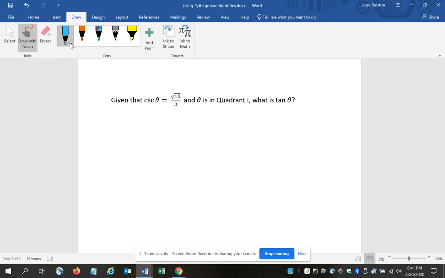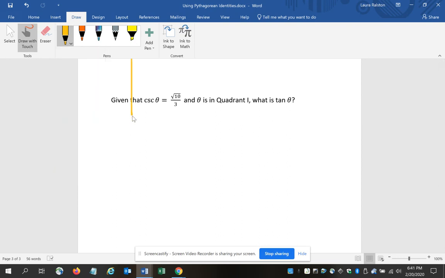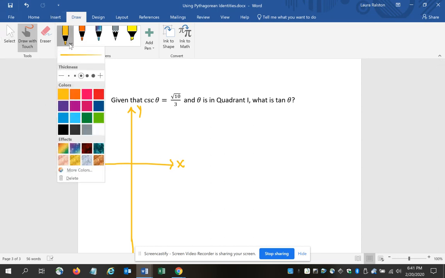All right, let's try one more. This one says, given that cosecant theta is square root 10 divided by 3, and theta is in quadrant 1, what is tangent theta? Okay, so again, I like to start out drawing my coordinate grid and getting a sense of where I am, get myself oriented.